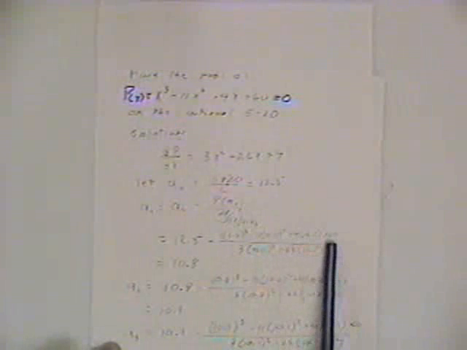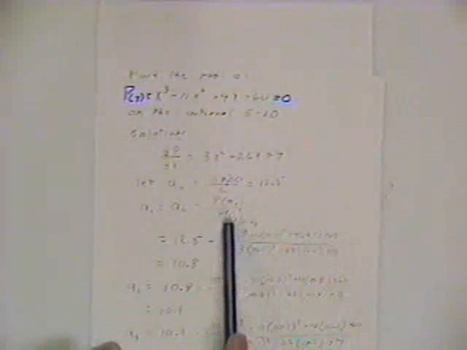We want to evaluate the function at that initial guess, divide it by the value of the first derivative at that initial guess, and subtract that ratio from the initial guess. So if we substitute the function evaluated at the initial guess of 12.5, then we get 12.5 cubed minus 11 times 12.5 squared plus 4 times 12.5 plus 60.